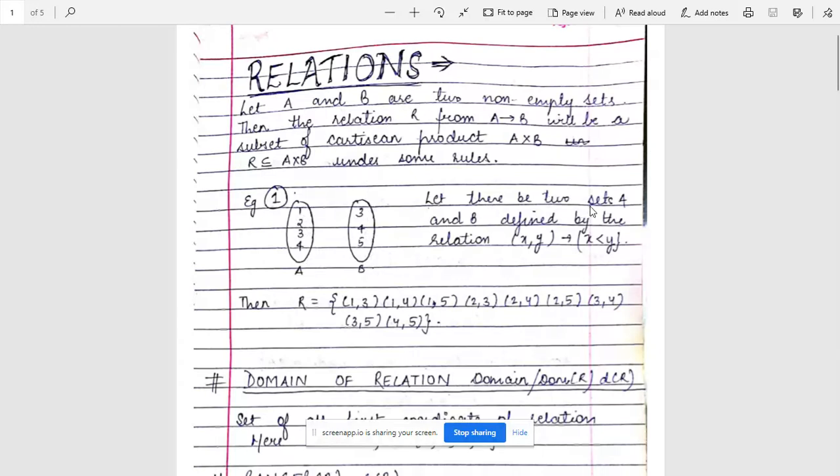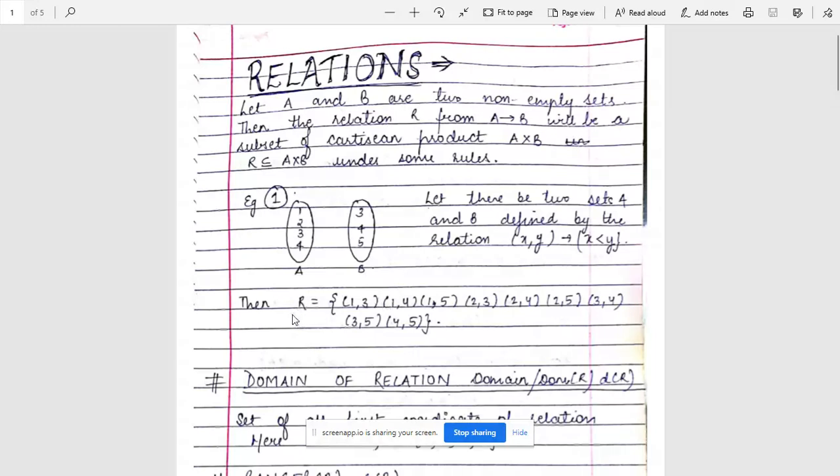Let there be two sets A and B where the condition defines the relation (x, y) where x is less than y. As you know, in Cartesian product, the first element belongs to set A and the second element belongs to set B. So students, here we will write the relation by using the condition x is less than y.